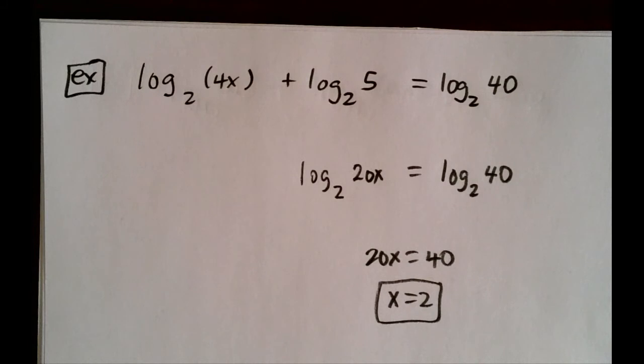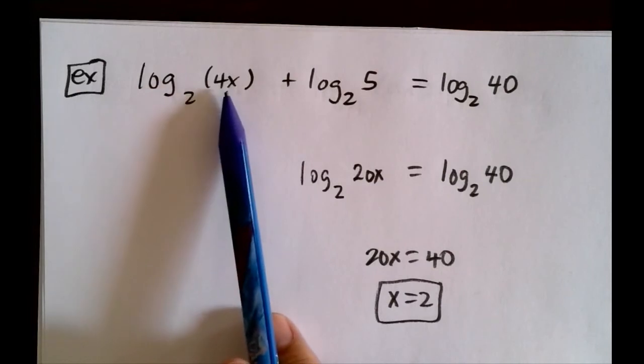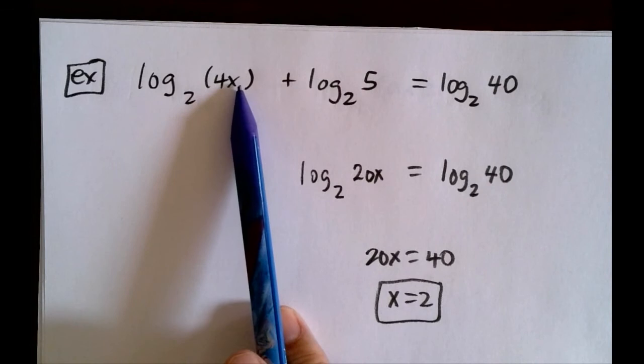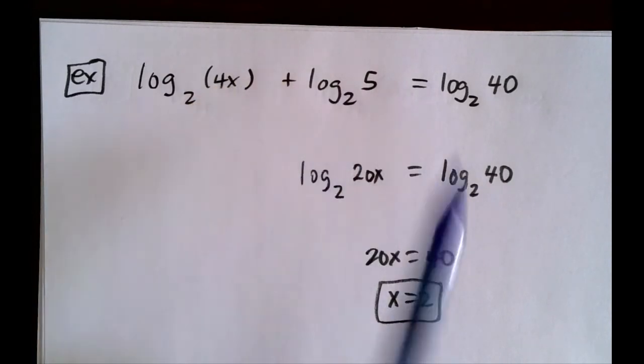But this problem has two logs equal to each other, so the arguments are equal, and we get x equals 2. We do need to check to make sure there's nothing undefined when we substitute the number back in. In this case, we get 8 when we substitute 2 in for x, and it does check.